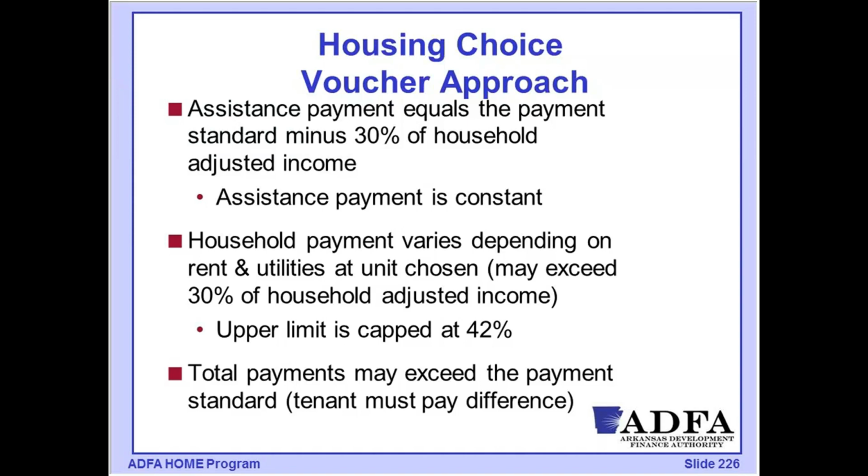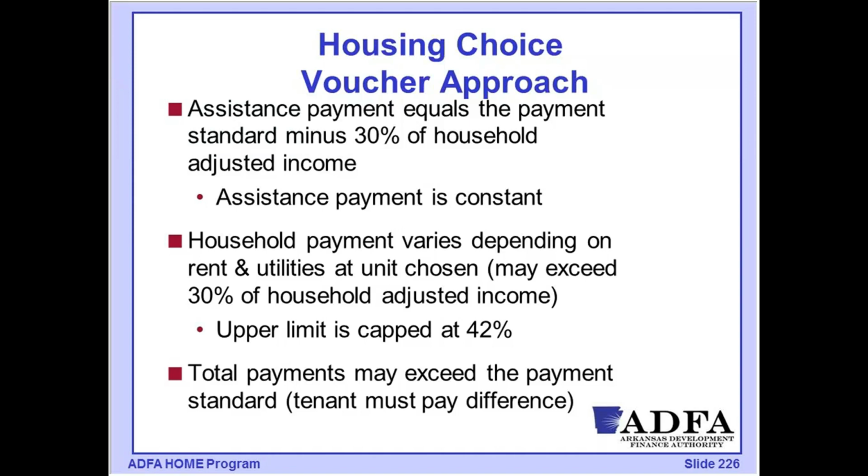They'll really be at risk because they're paying so much of their household income towards maintaining housing. So the total payments, including the tenant payment, the 30%, and the payment standard, may exceed that payment standard. If we've set our payment standard for a 2-bedroom unit at $600 a month, a household can choose a unit that's more expensive than that.